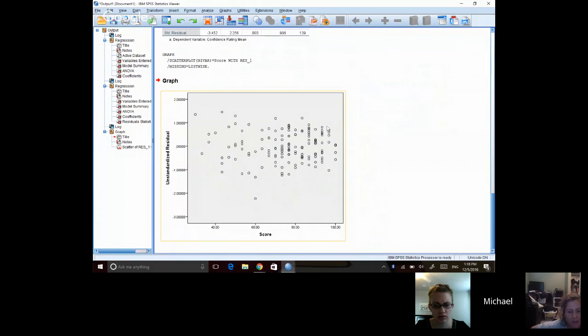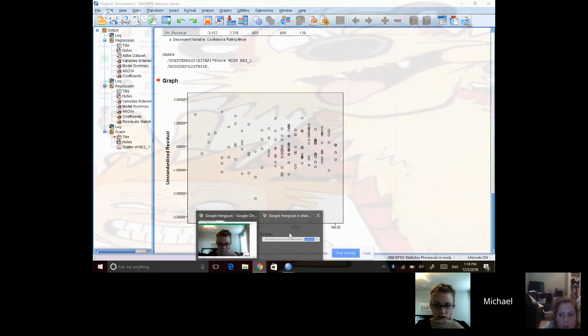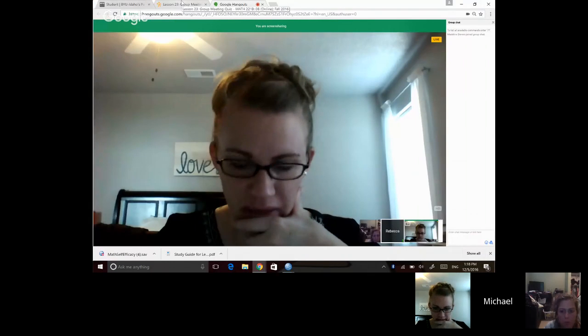Yeah, your score is your X value because it's independent. Your score is independent of your confidence rating. Your confidence rating is dependent upon your score. No. Because isn't that what it said in the thing? It told us to use score for that one in the quiz. Score is the response variable, which means it is dependent, right?